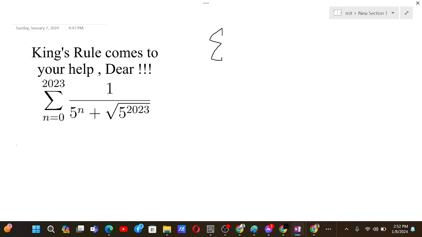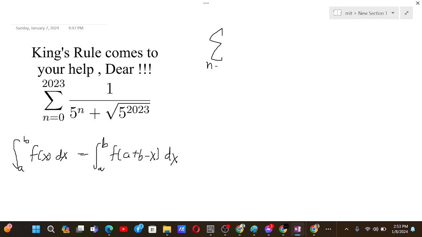In integrals, we also had King's rule, where if the integral goes from a to b of f of x dx, this integral would be equal to the integral from a to b of f of a plus b minus x dx. Similar is the King's rule in sums as well.